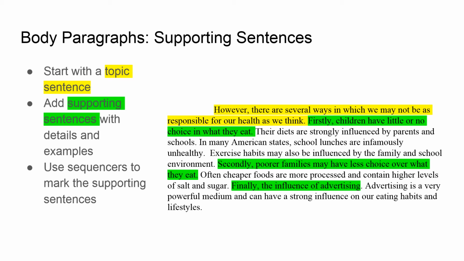Finally, the influence of advertising. Advertising is a very powerful medium and can have a strong influence on our eating habits and lifestyles. So in this example, we can see clearly our topic sentence, our 3 supporting sentences, and additional details and examples.